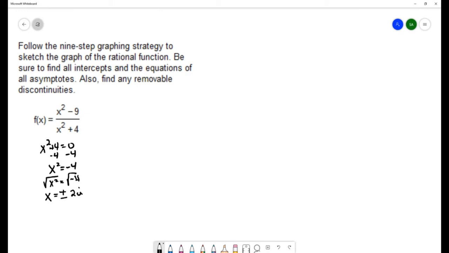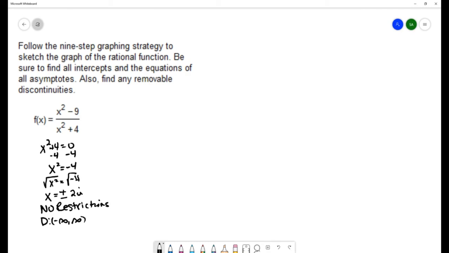Now, because we got an imaginary number here, we haven't gotten any restricted values on our real number line. So since we didn't get real numbers, we have no restrictions, and our domain is going to be all real numbers.